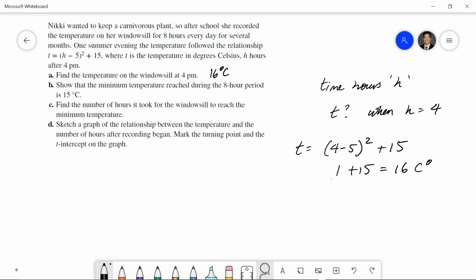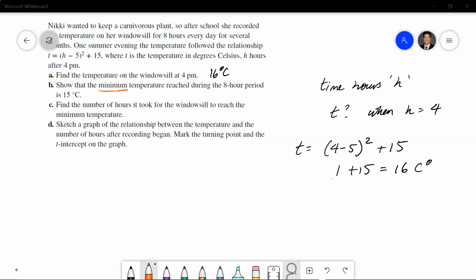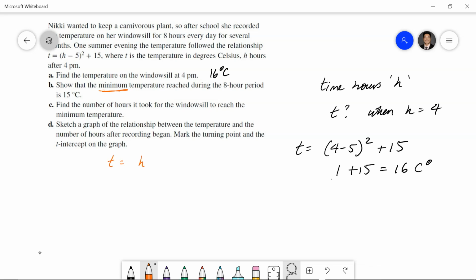Show that the minimum temperature reached during the 8-hour period is 15 degrees. Okay, so the key word is minimum, and what we can see from our equation that we're given is that obviously the temperature is going to start from the top, it's going to hit rock bottom before increasing in temperature again over time.